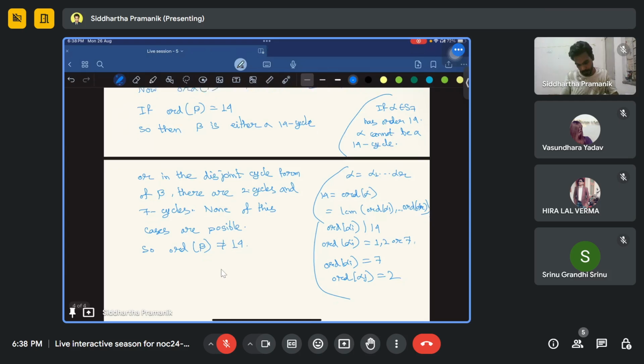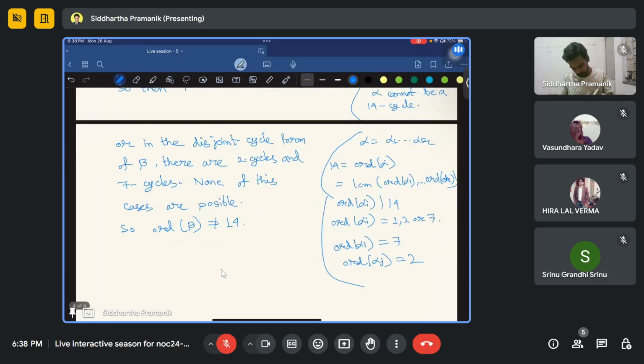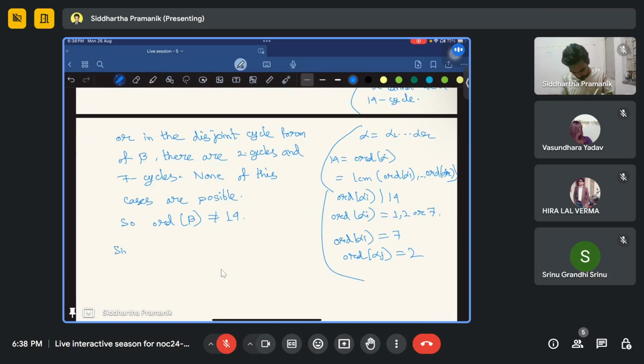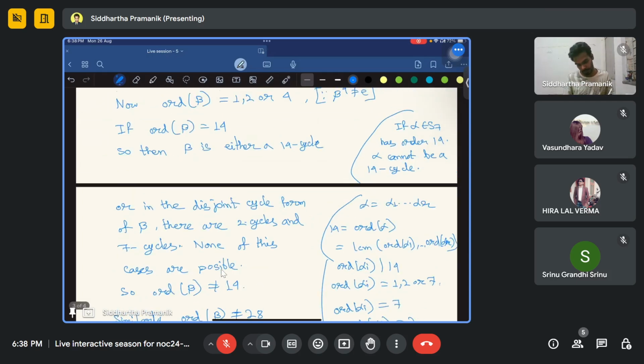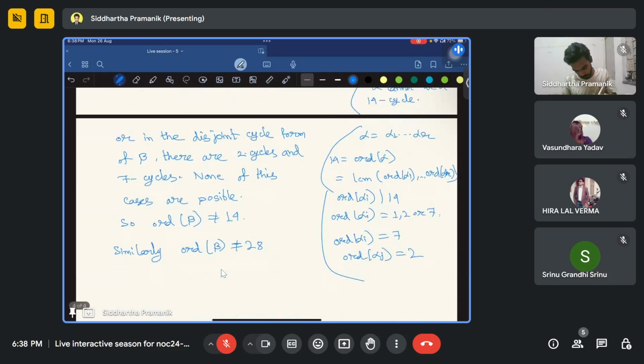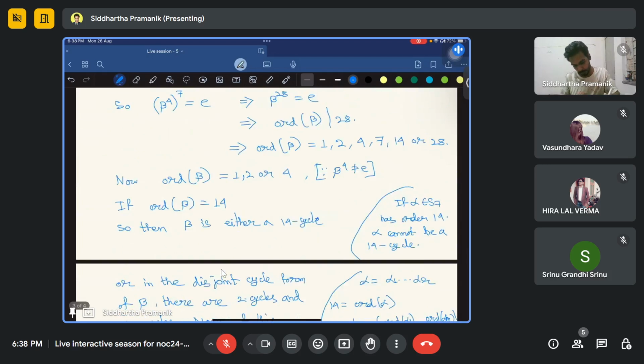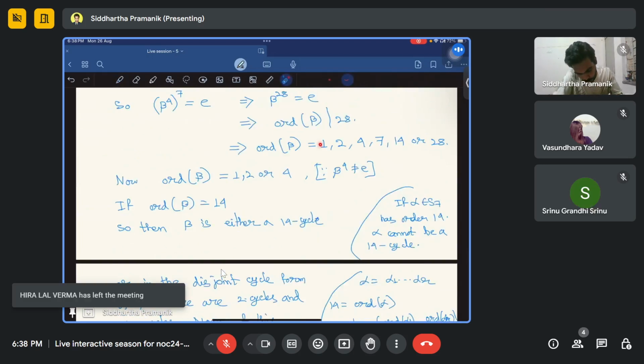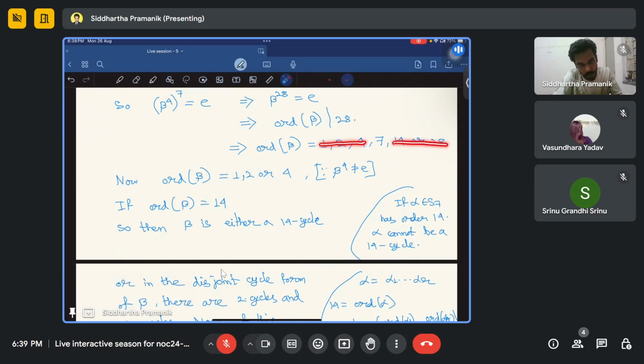Now, with a similar argument, we can say the order of beta cannot be 28. With similar logic, you can try to argue on your own and write out the details. So what are the possibilities? 1, 2, 4 are already discarded, 14 and 28 are also discarded, 7 is left.